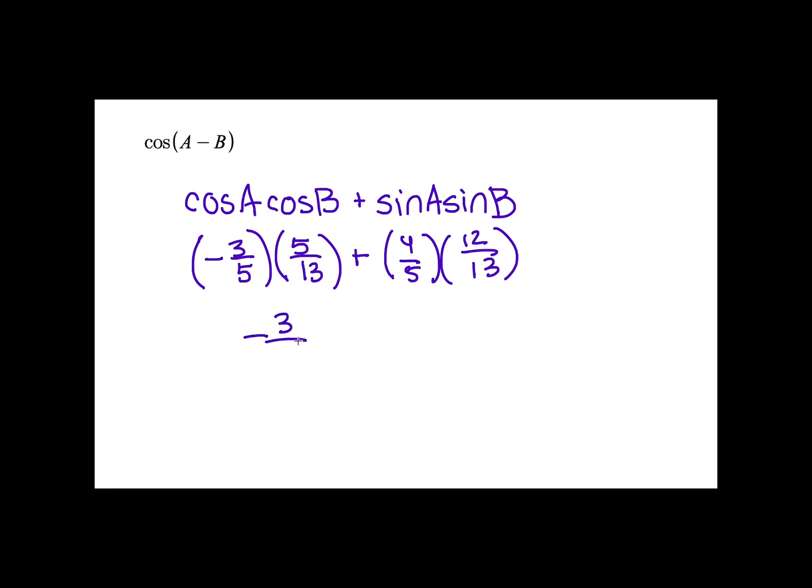This becomes negative 3 over 13 plus 48 over 65. When I add them together, I get 33 over 65.